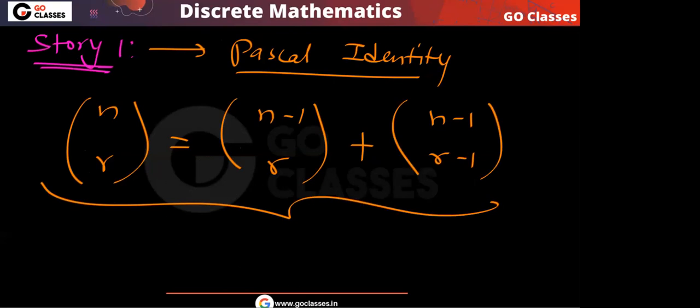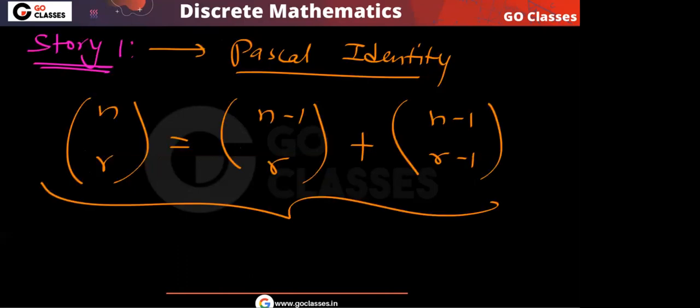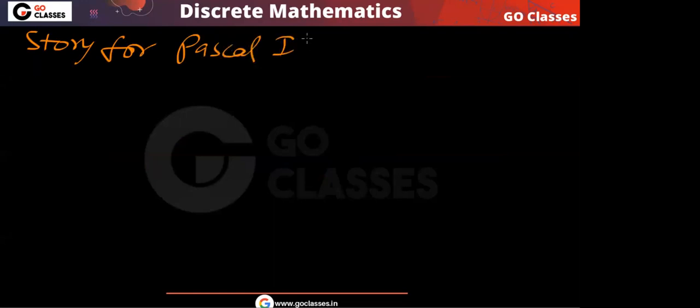And what is the story behind this Pascal identity? These three stories are very important because a lot of GATE questions can be solved based on them, since these are the basics.